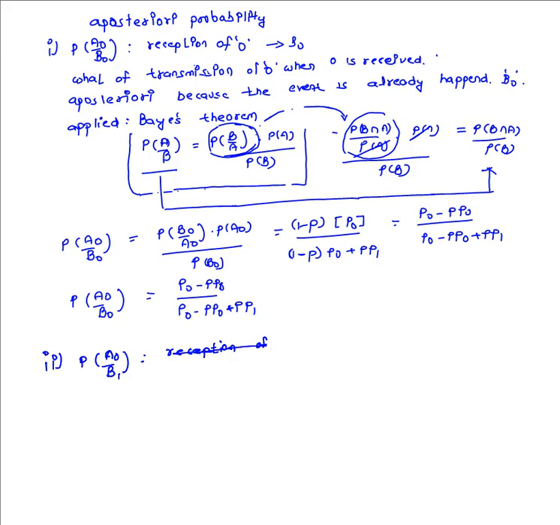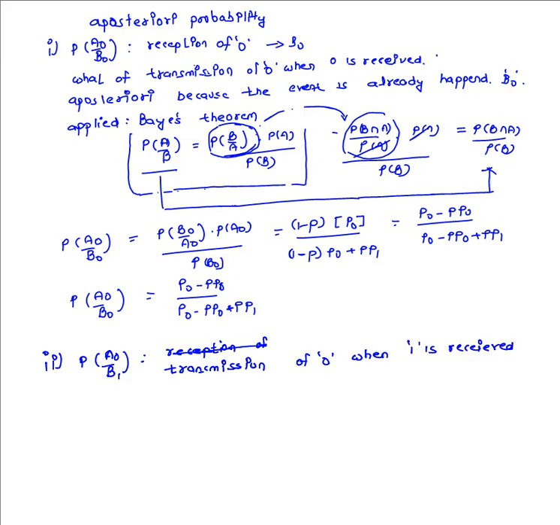Let me change it a little bit. It's the probability of transmission of 0 when 1 is received.